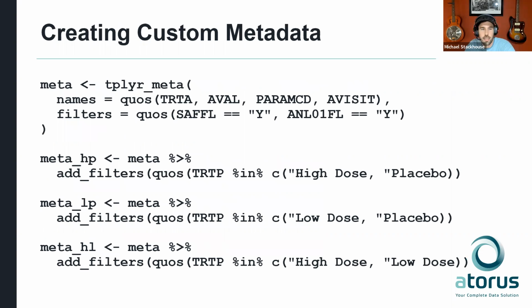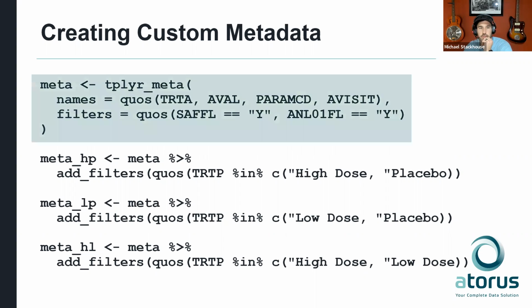So that's a lot to take in, but let's look at a little bit of how this works. If you're creating custom metadata, then we have this process of how you can create and expand an existing tplyr_meta object. The core parameters here are going to be tplyr_meta. When you're creating that object initially, it has two arguments, which are names and filters.